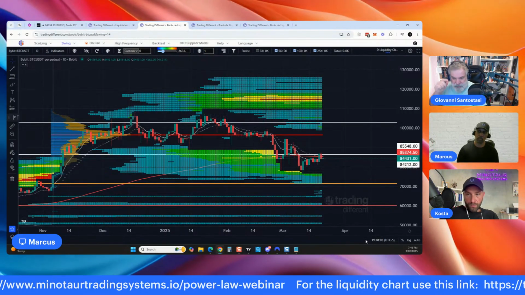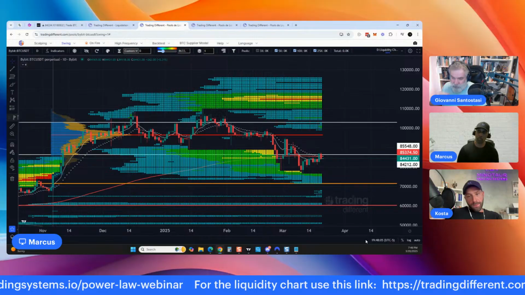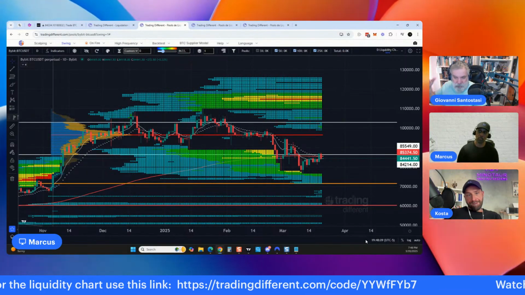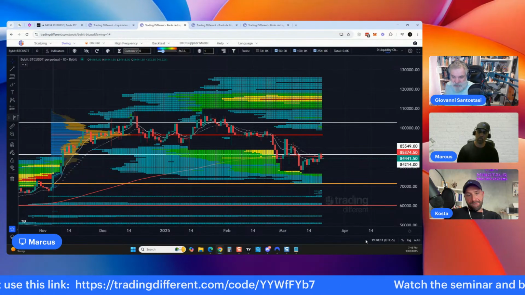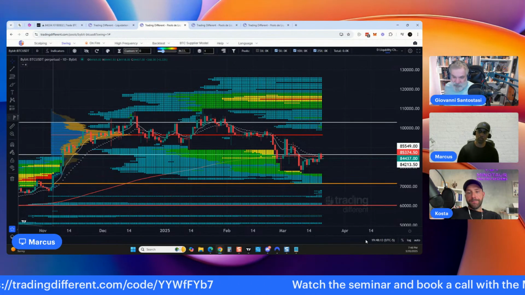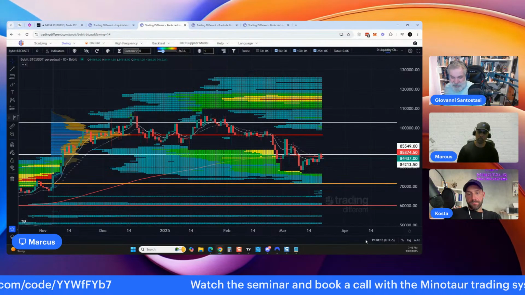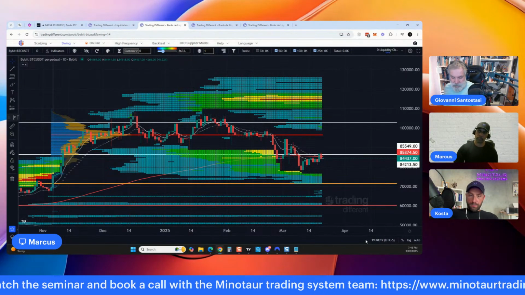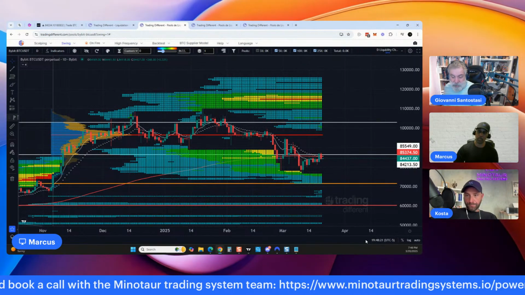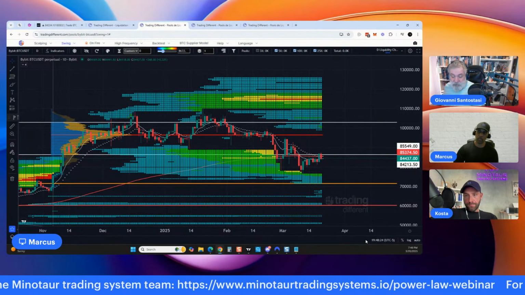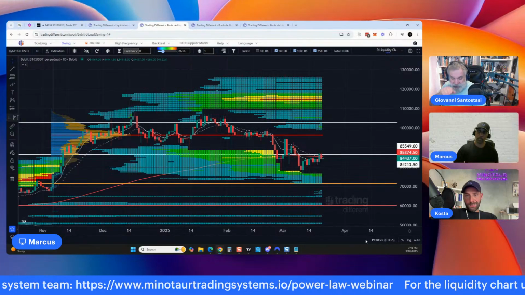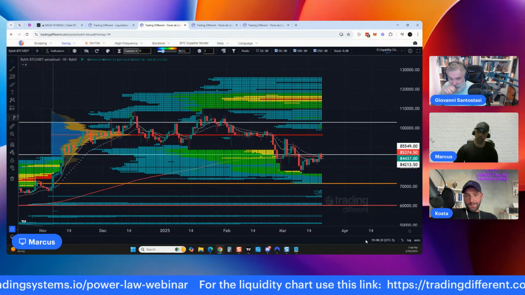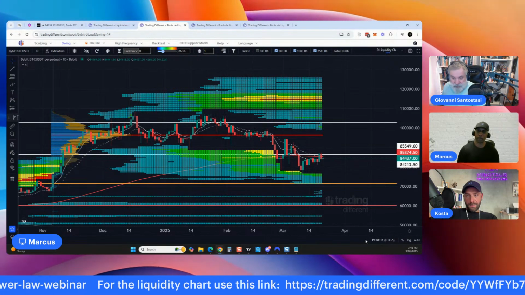But the way I understand it, these are people who do want the market to go up, but they need to buy Bitcoin first, and they want to buy it at a relatively low price, right? So they are basically forcing the people who put all these very high leverage shorts there to buy, to actually sell them, right?